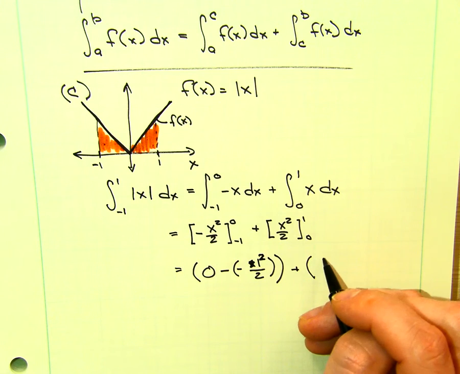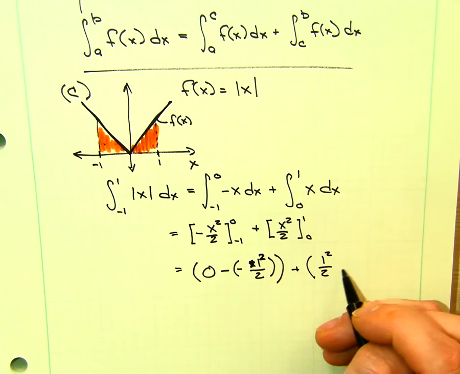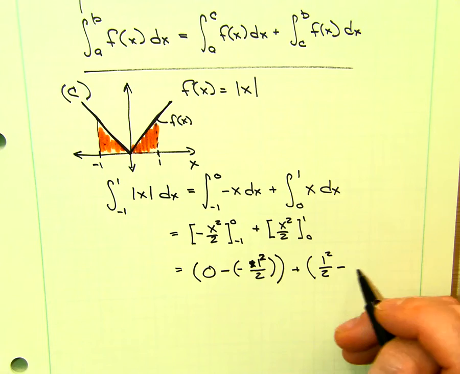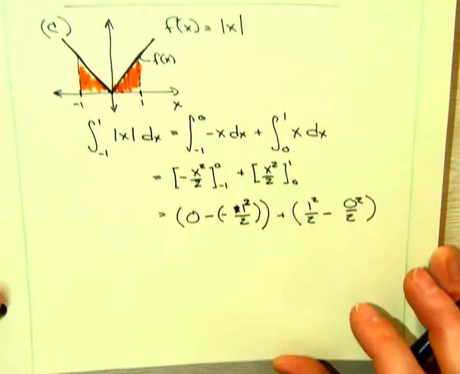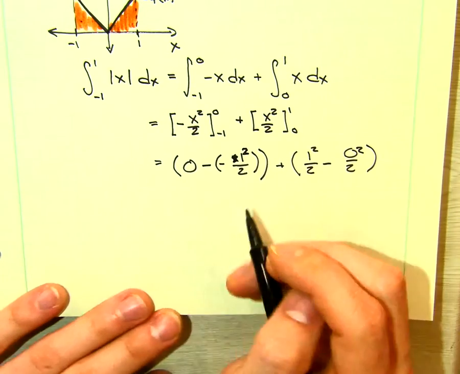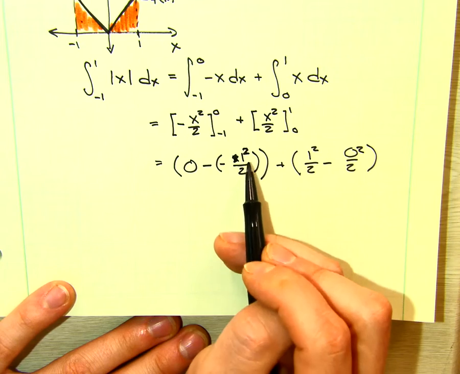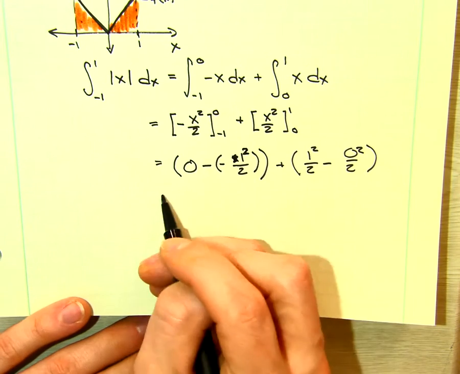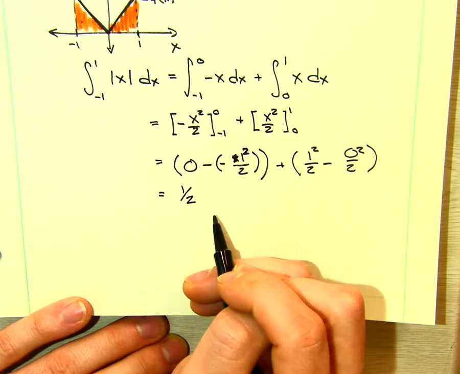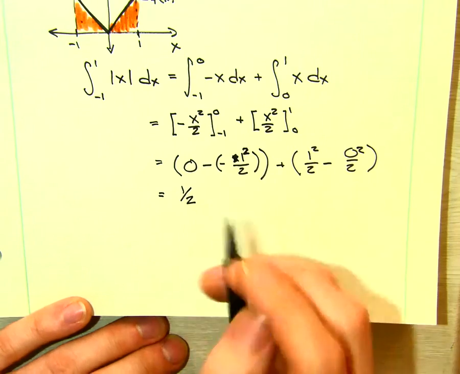So I plug in 1 squared divided by 2 minus my lower limit, which is 0 squared divided by 2, which is just 0. So 1 squared divided by 2 is just 1/2. And then I've got a negative and a negative, which is 1/2. So 0 plus 1/2 is just 1/2.